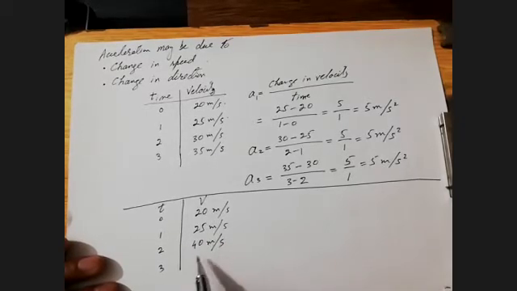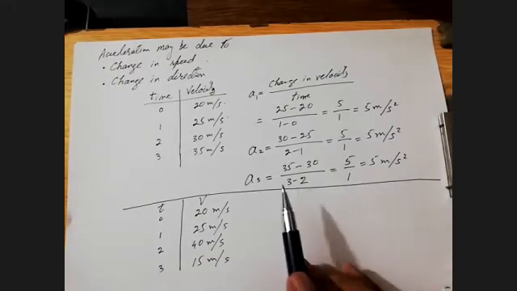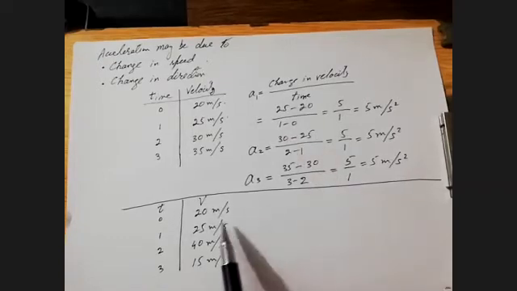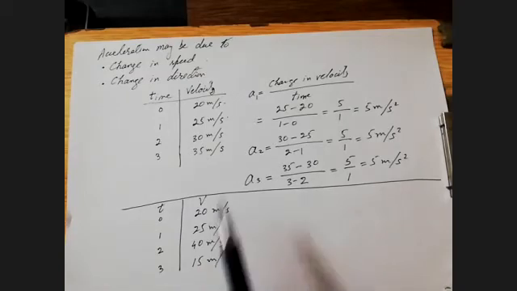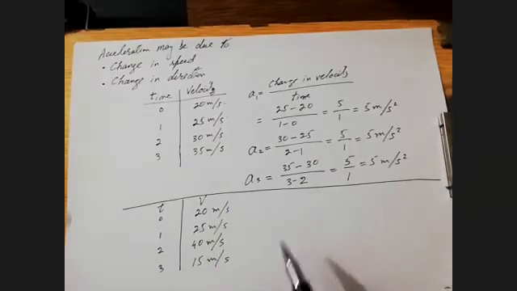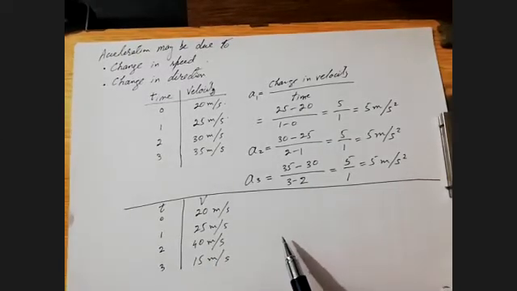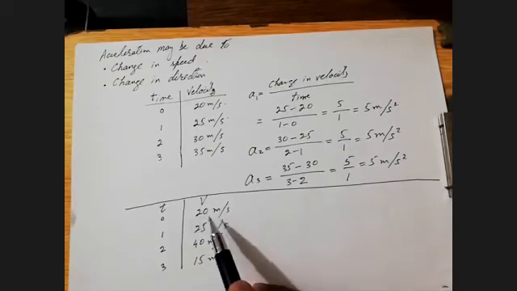Then it becomes 15 meter per second. Okay. Now please concentrate on this example. After concentrating on this example, you may also understand the previous example. Concentrate here instead of writing the questions again and again. Please concentrate.